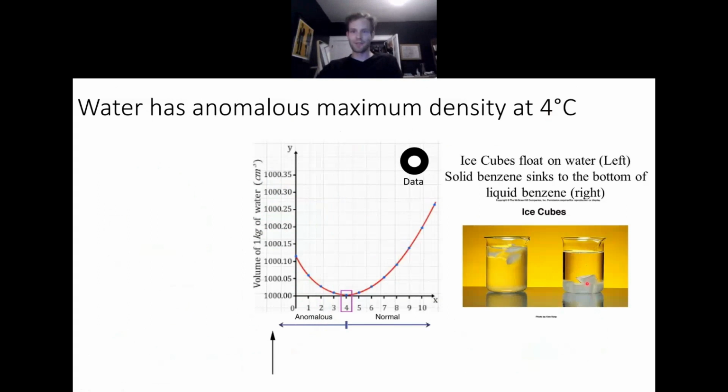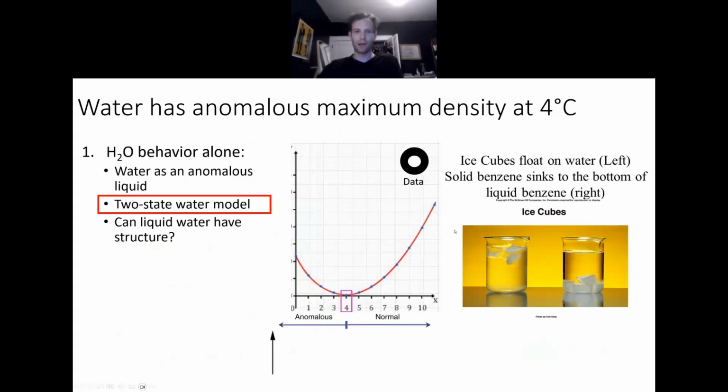But if you have water and water ice, these cubes float. So this is really anomalous because as you decrease in temperature, you expect to get more and more dense and sink. But from 4 degrees to 0 degrees, water actually increases its volume, which decreases its density, which is why ice floats. So that's really peculiar, and we're trying to understand why that is.